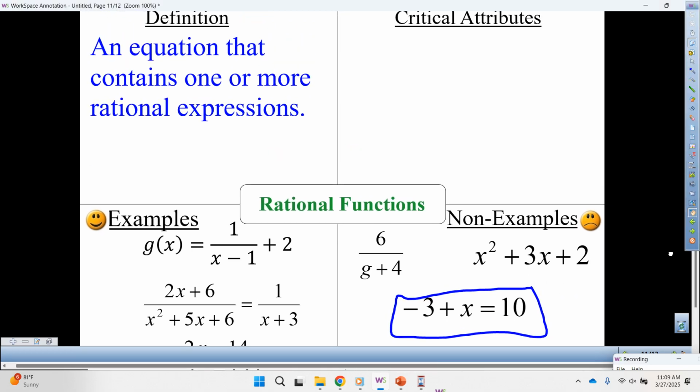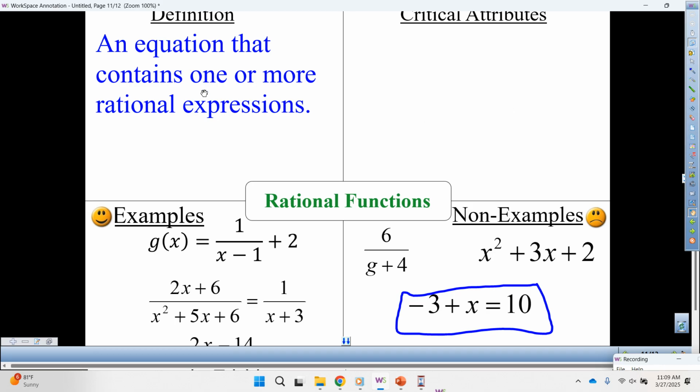It's not being divided by something. That is correct. Is it an equation, though? Yes. But it doesn't have a rational or a fraction anywhere. All right, that is correct. And the other two, obviously, you should know why the other two are not rational functions. Enrique, why are these not rational functions?